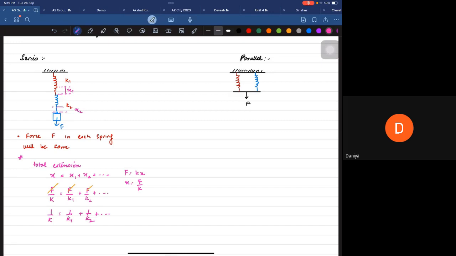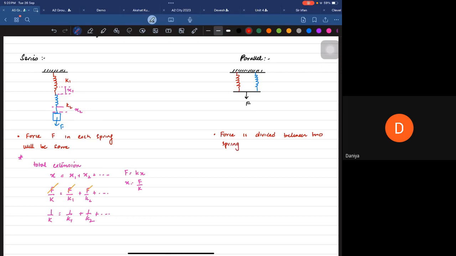Then next, when you have a parallel system, you need to remember that force is divided between two springs, and it is not necessary that force is divided equally.